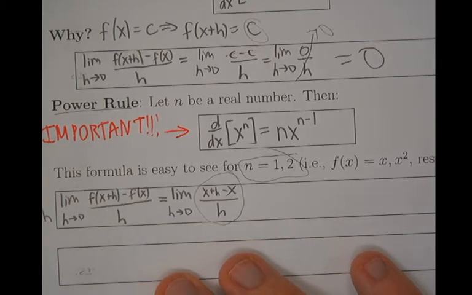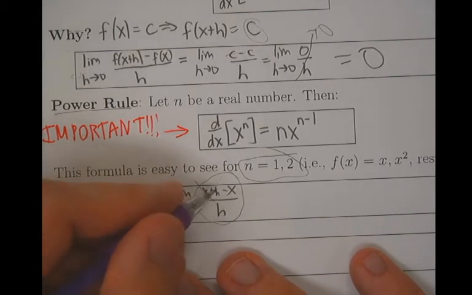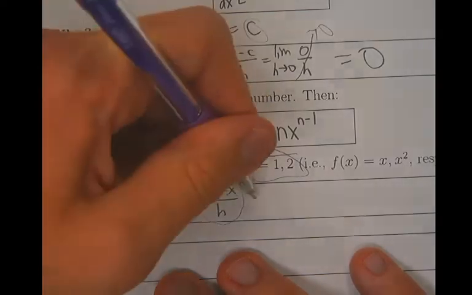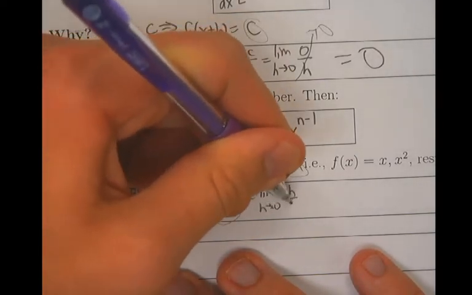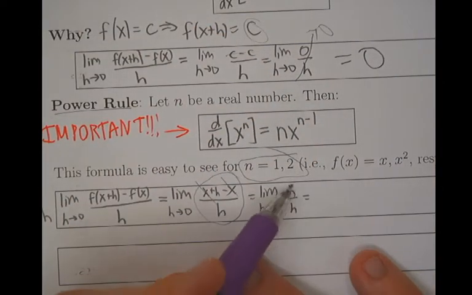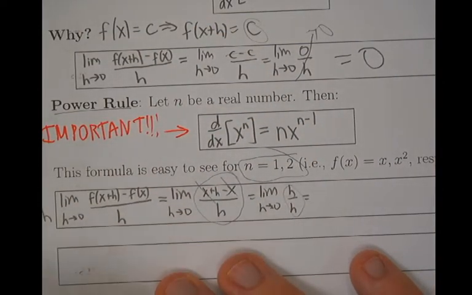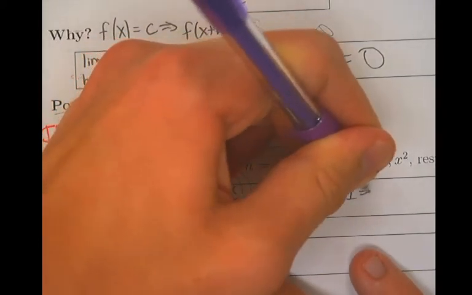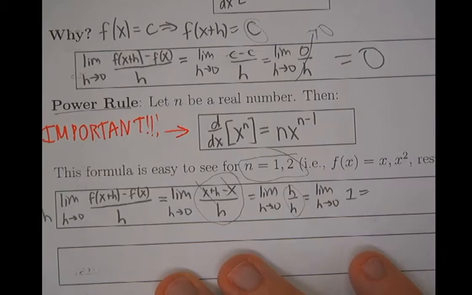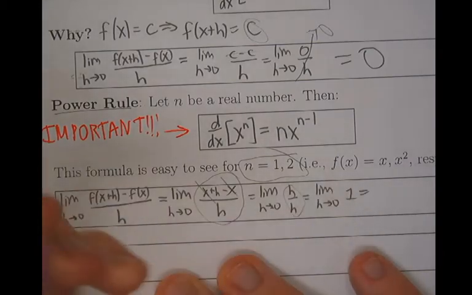Just a big old 1, because the x's cancel each other out in the numerator. So we would just be left with h divided by h, but this is just a big old 1, because these cancel each other out. The limit as h goes to 0 of 1 would just be 1, as a constant.